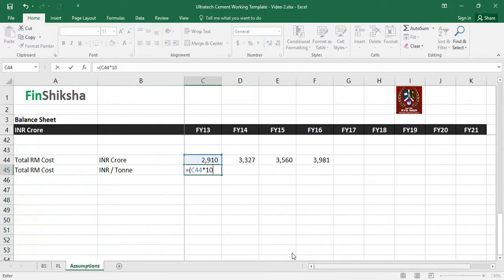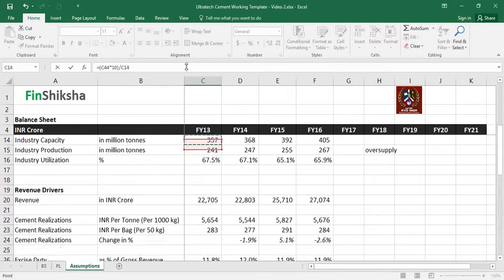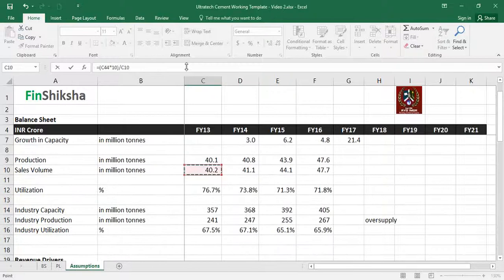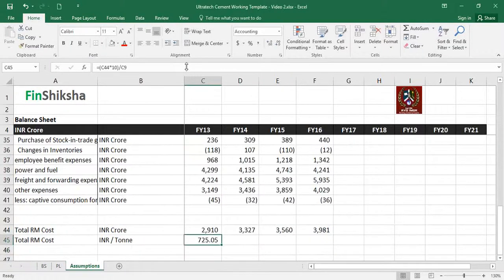So we multiply this with 10, and so now the cost is converted to millions, and then we basically divide this number by the production, which is in million tons here. So 40.1. So this gives us 725 rupees per ton is raw material cost, and that's been increasing over the years.